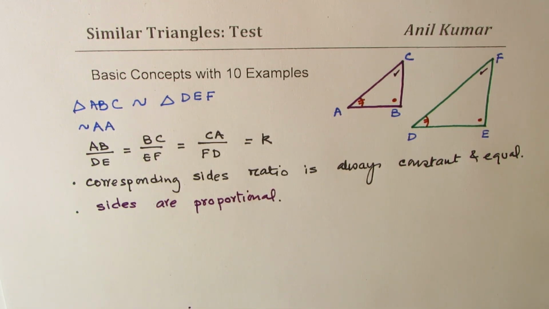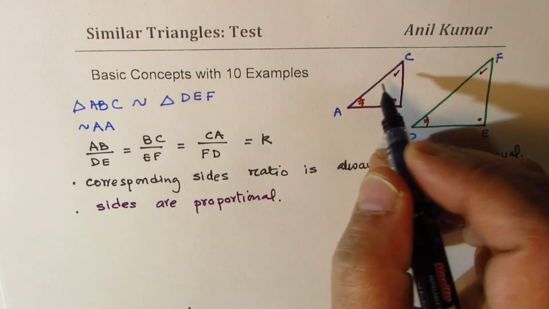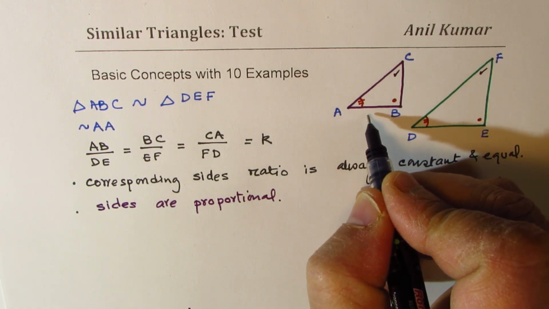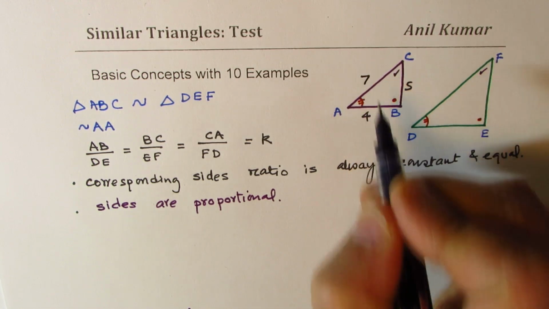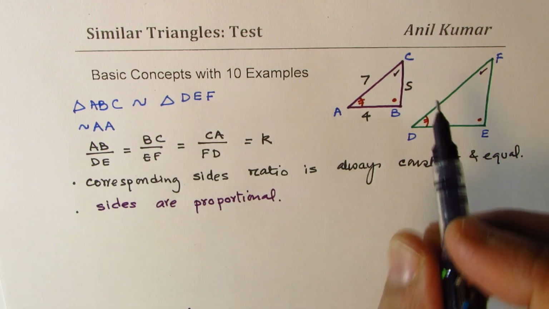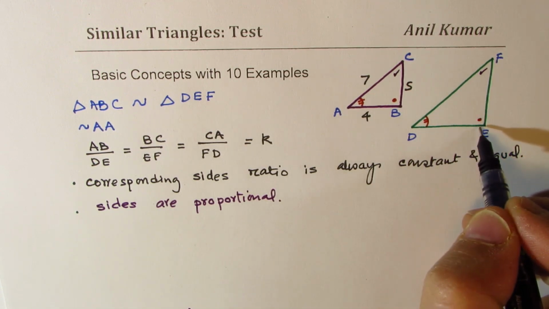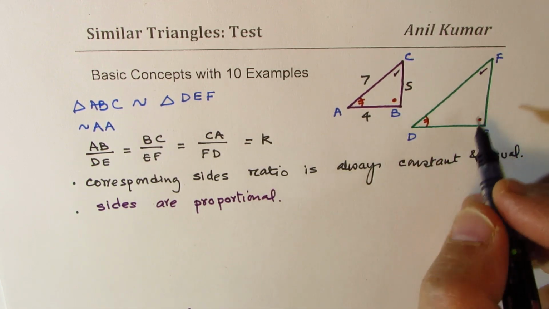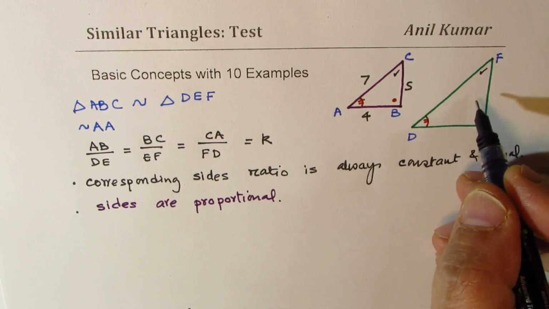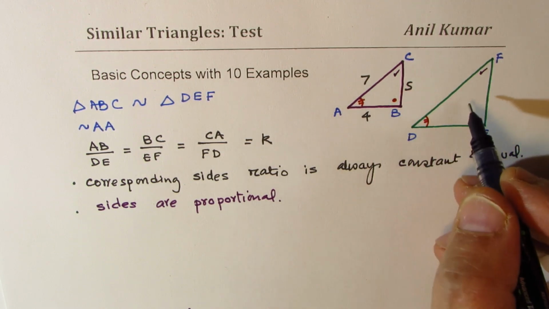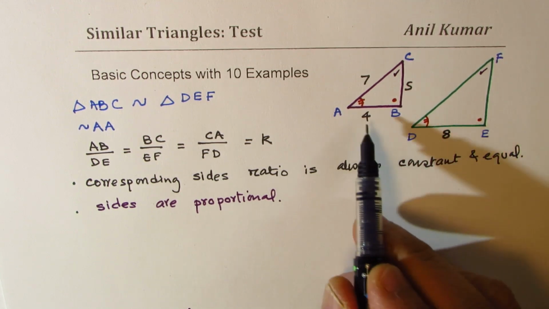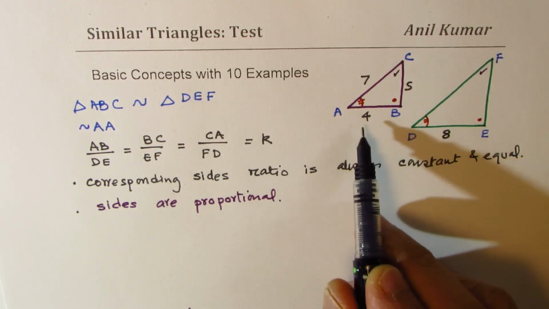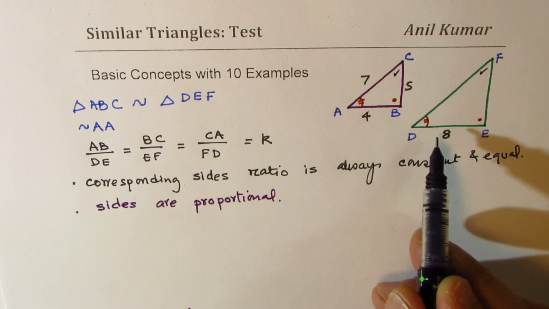What I really mean to say here is, let's say if we have sides of this triangle as 4, 5, and 7. And if we know one of the sides of the other triangle, let's make things simpler, just doubling them up. So if I say this is 8, in this case K is 2, right? So it's getting multiplied by 2.